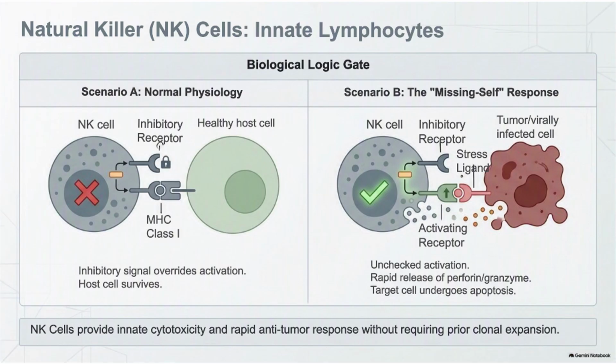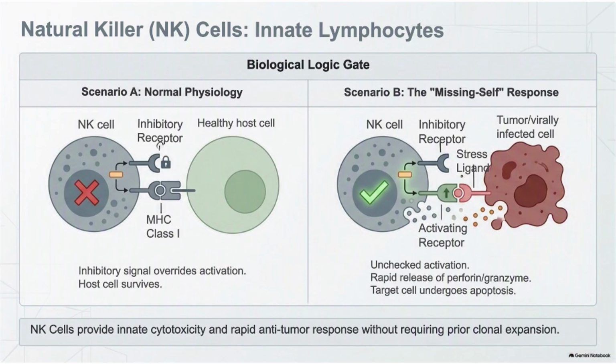One of the most important inhibitory signals involves MHC class I. Normal nucleated cells generally express MHC class I, and when an NK cell inhibitory receptor recognizes that signal, it essentially tells the NK cell, this cell belongs here, don't kill it.